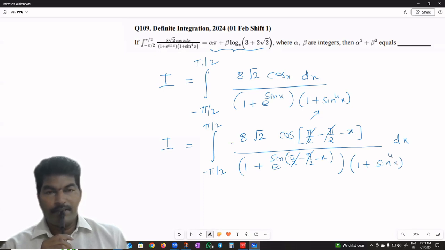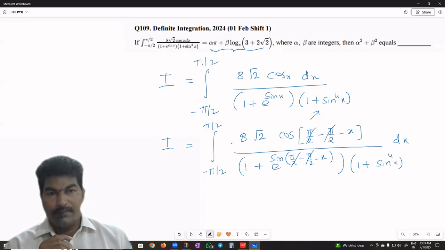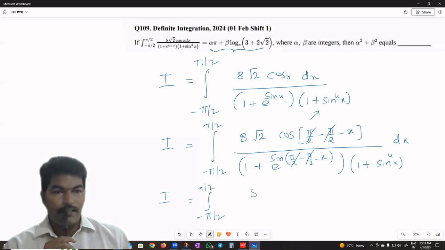I'm not writing here, actually you should write it, A plus B minus x. So cos of minus x is cos x only. We know that cos of minus x is cos x. So the limits are minus pi by 2 to pi by 2, and 8 root 2 cos x, there is no change in the numerator.